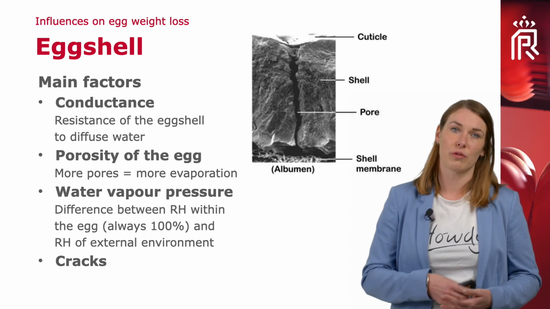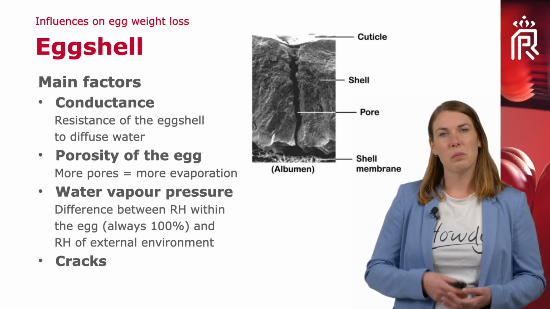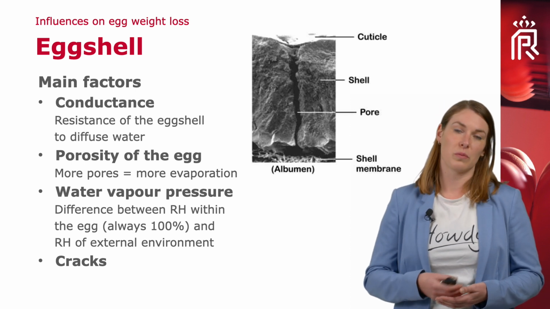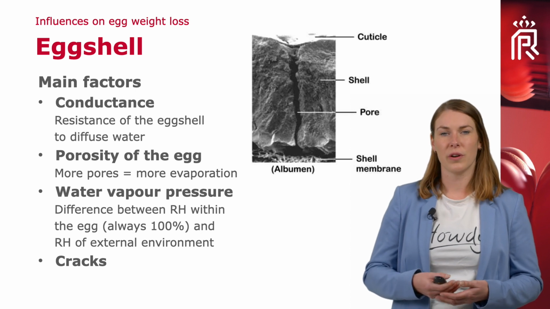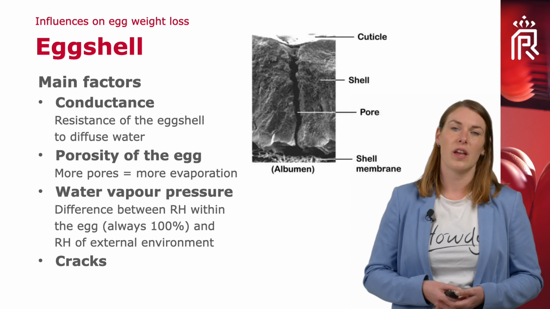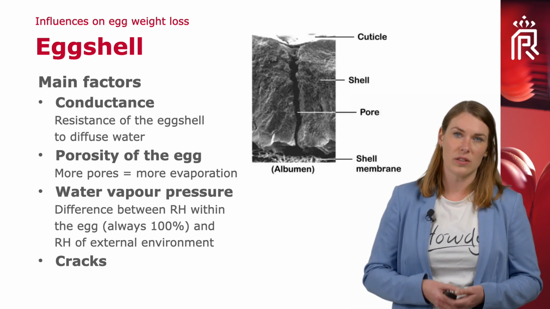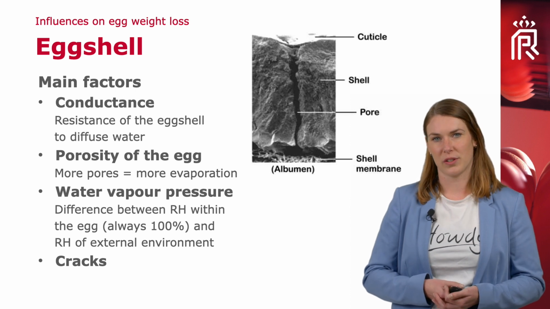Now this eggshell of course also has pores. We see it in the picture on the right. More pores equals more evaporation. So through these pores, water, oxygen and carbon dioxide diffuse. And this diffusion rate is determined by the number of pores, but also the water vapor pressure.